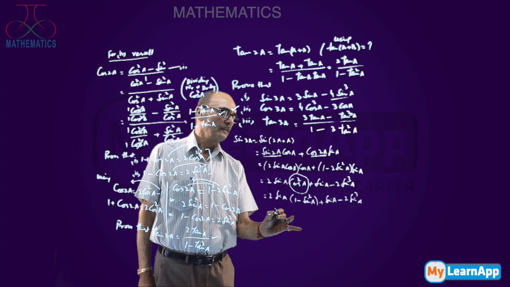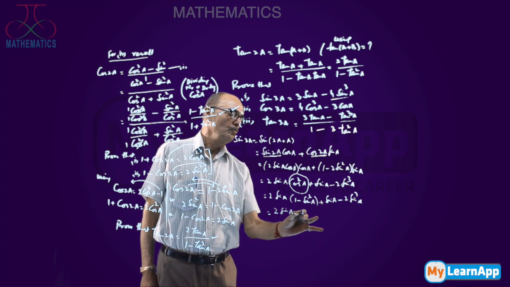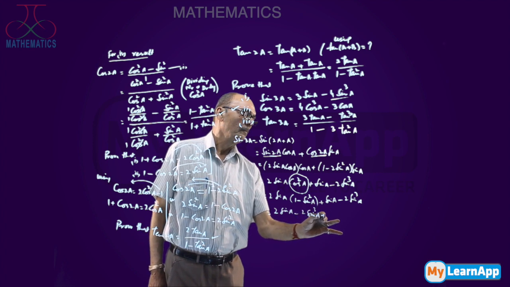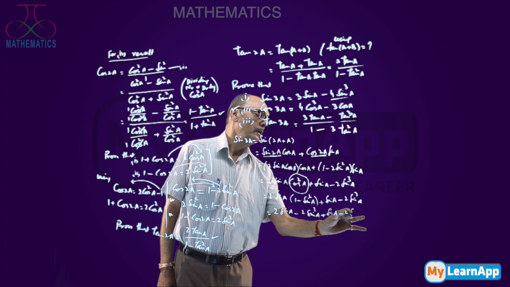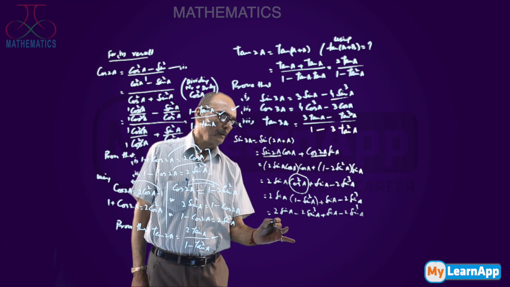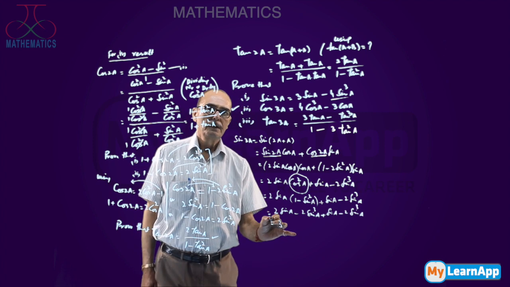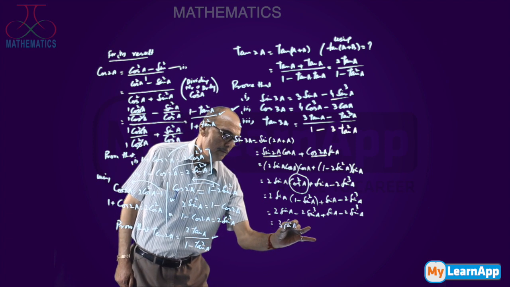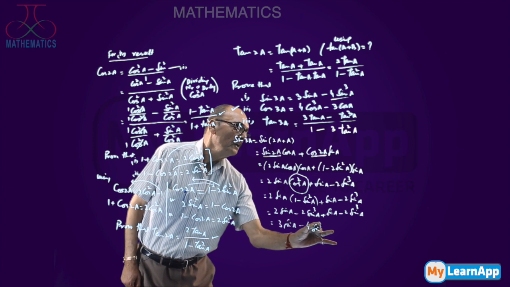So, you will get the result as 2 sine a minus 2 sine cube a plus sine a minus 2 sine cube a. This is 3 sine a minus 4 sine cube a.